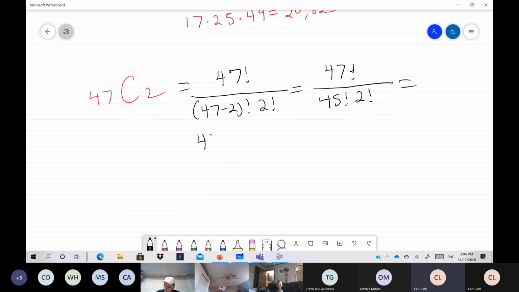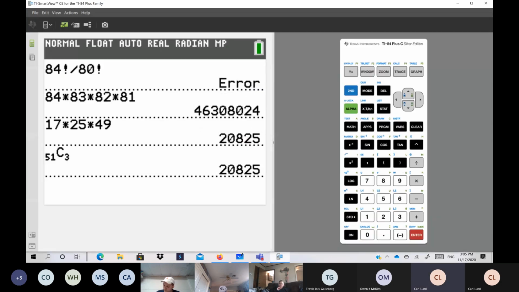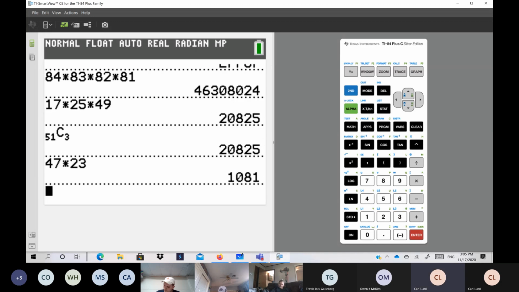That's going to be 47 times 46 times 45 factorial over 45 factorial times 2 times 1. So we can cancel the 45 factorials. 2 goes into 46 23 times. And so we get 47 times 23, which is 1,081.